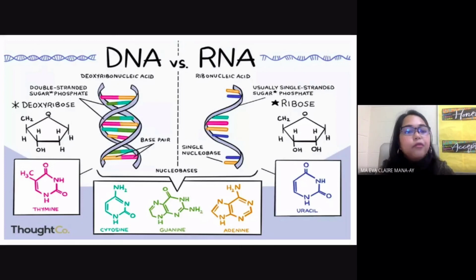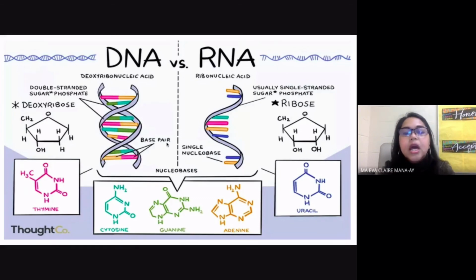If you compare your deoxyribose here with your ribose, you can see that your ribose has an oxygen atom here, but in your deoxyribose, that oxygen atom is non-existent. Deoxyribose lacks one oxygen atom, and you can find it at this part here. No oxygen here, while there is an oxygen in your ribose. So that's another difference.